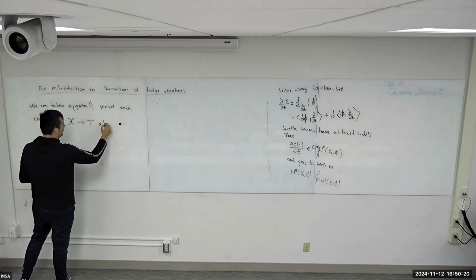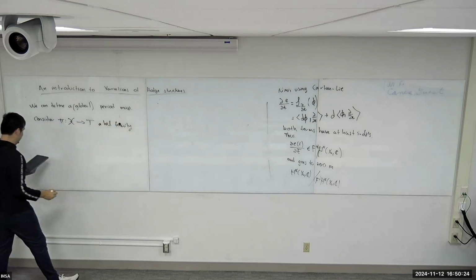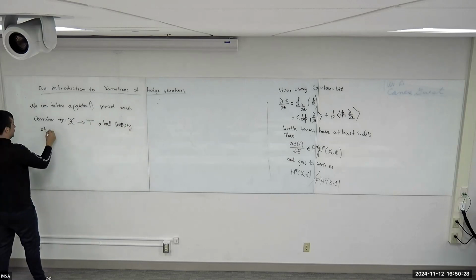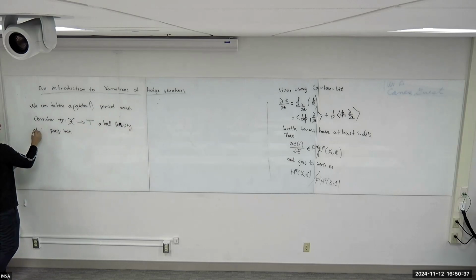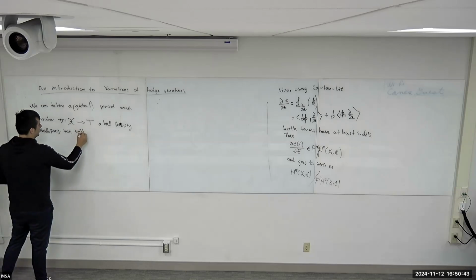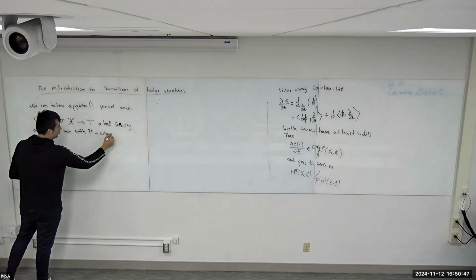This is going to be a holomorphic family of smooth projective varieties, a submersion.